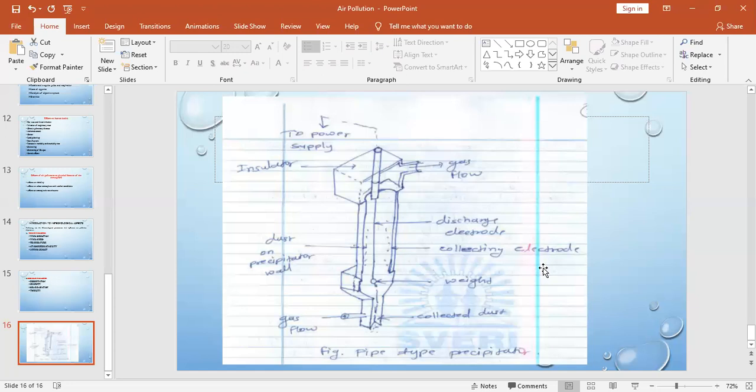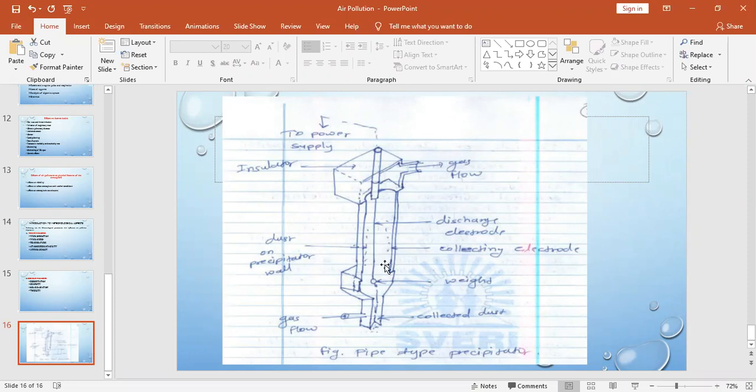The collecting electrode is negatively charged, and the discharge electrode is positively charged. Remember these two things. A high potential difference is generated between the collecting electrode and the discharge electrode.